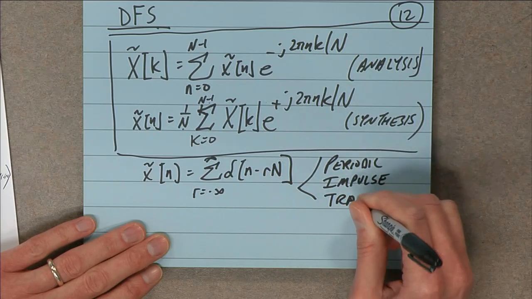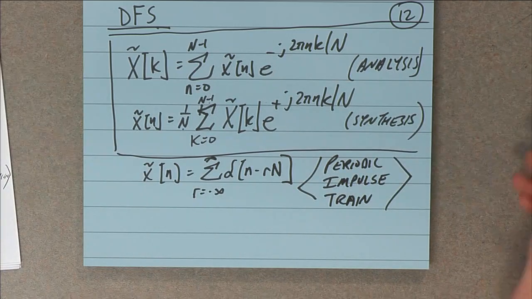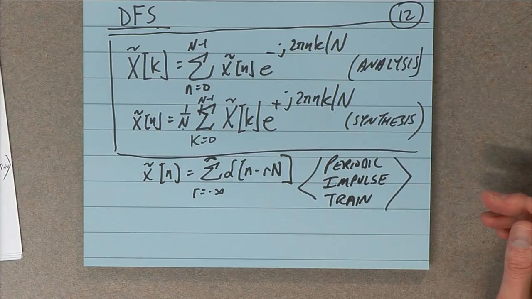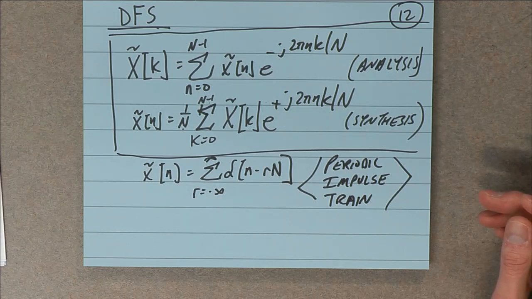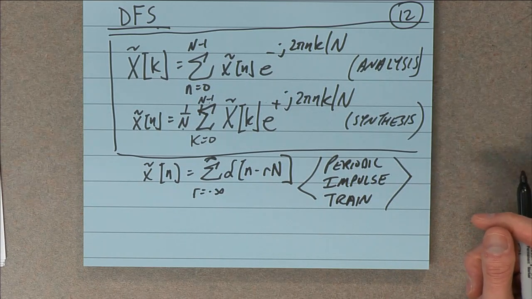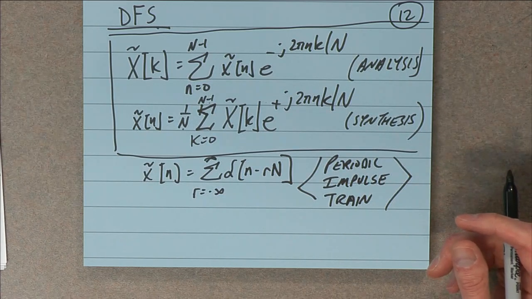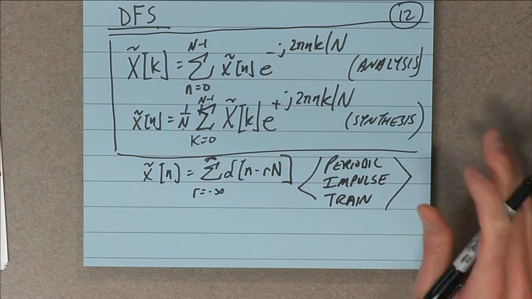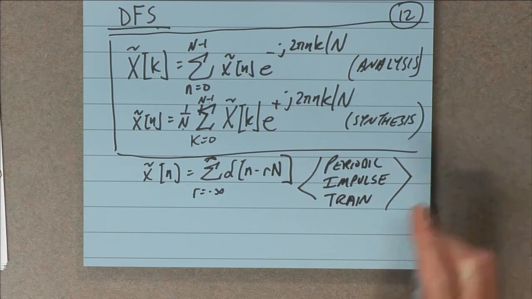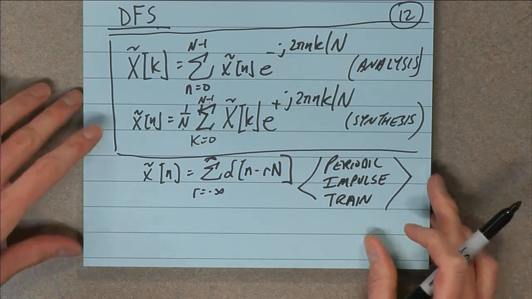Because when we use the DFT, we always use finite length sequences, and we do stuff and we get another finite length sequence. Well, it turns out, as we're going to show today, the discrete Fourier series is in there hidden, and the underlying periodicity doesn't go away even if you pretend it's not there, it's still there. As it turns out, this periodic impulse train ties it together.